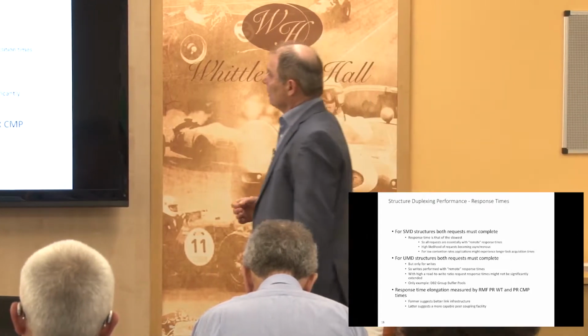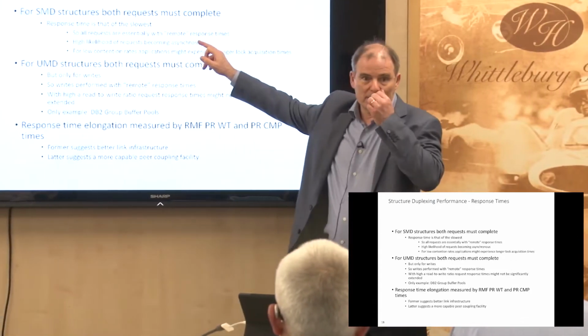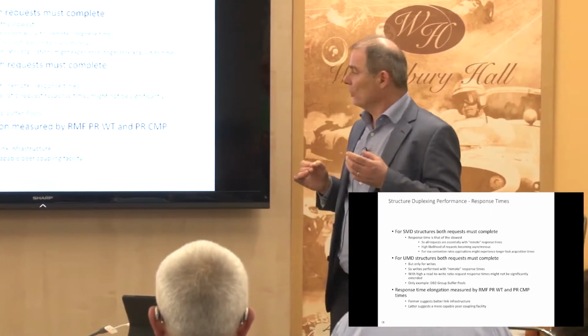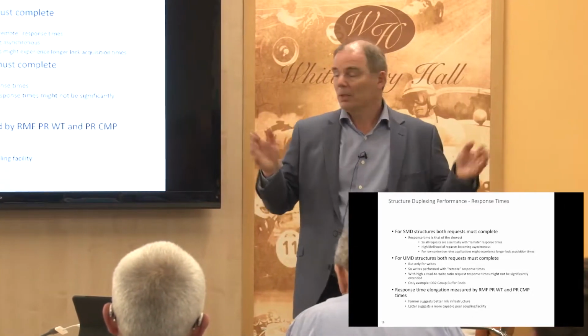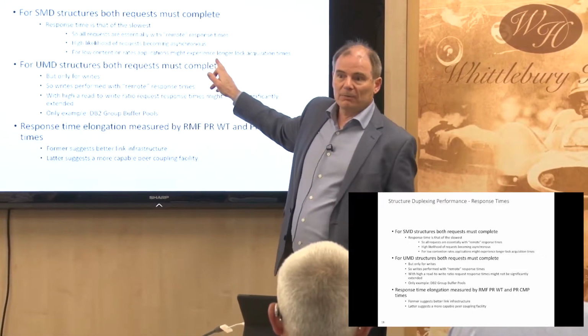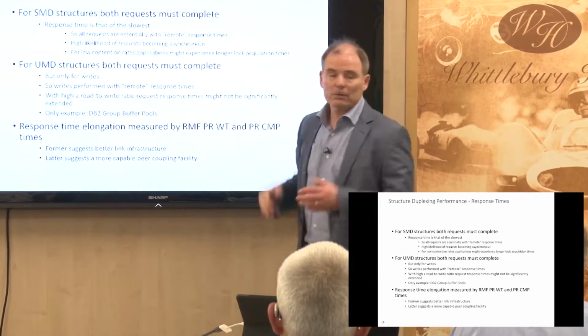And this is the key difference performance-wise: with system-managed duplexing, all the requests are essentially remote. With user-managed duplexing, think group buffer pools and nothing else, only the writes are.